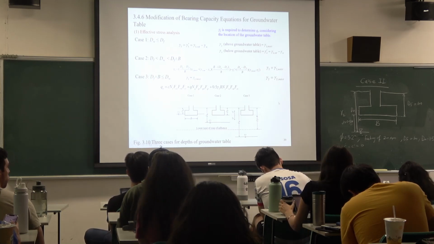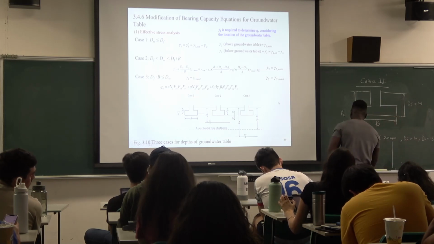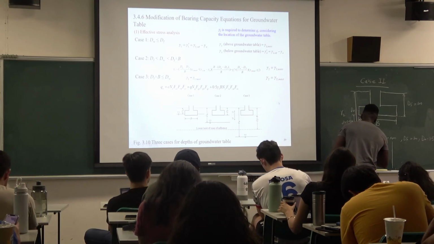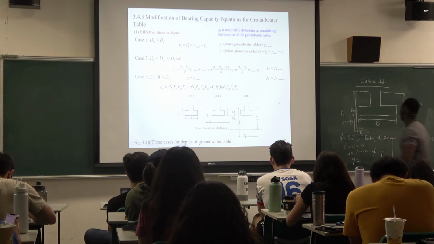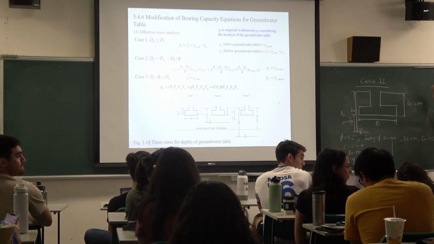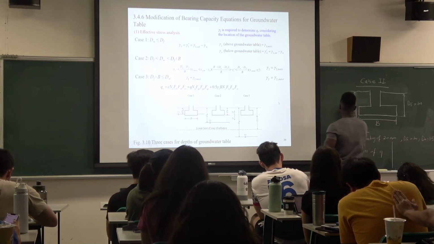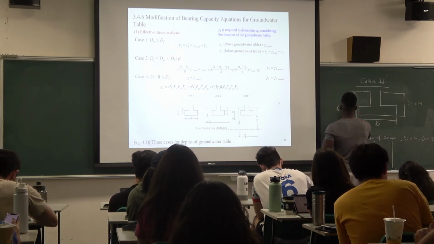Okay, so similarly we can just do the same thing. We want to do this calculation first in terms of Q, the stress. So what will be the stress at this point? If we have the same problem, where this gamma 2, sorry, is 18.